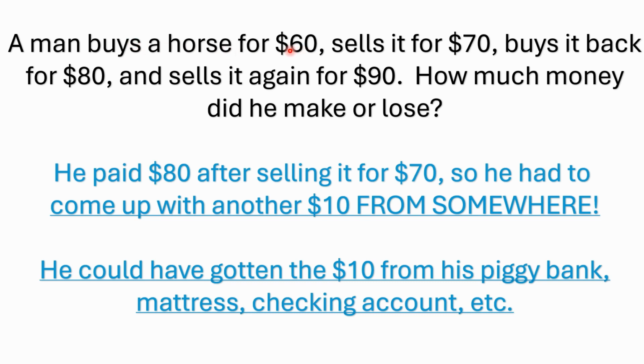No, it says he buys a horse for $60. And yet some people are getting hung up, thinking, well, how can he do this? Because he only has $60. He buys it for 60, sells it for 70, right? So he has $10. So how can he even go back and buy it for $80 when he's only got $10?